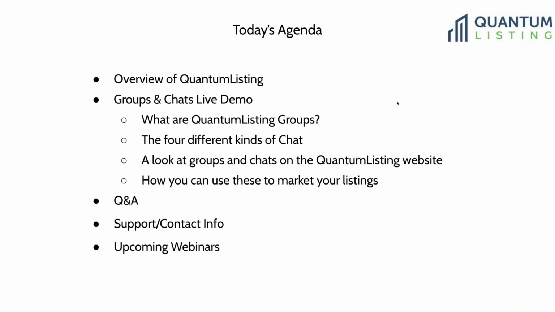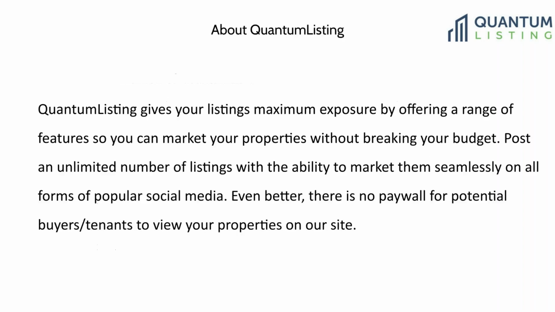But before that, we're going to cover what are Quantum Listing groups, the 4 different kinds of chat, look at the groups and chats on the Quantum Listing website, and how you can use these to market your listings, which is really what I think brought you folks here. And then we'll leave some time for Q&A and tell you how to get in touch with us in the future and about some of our awesome webinars coming up.